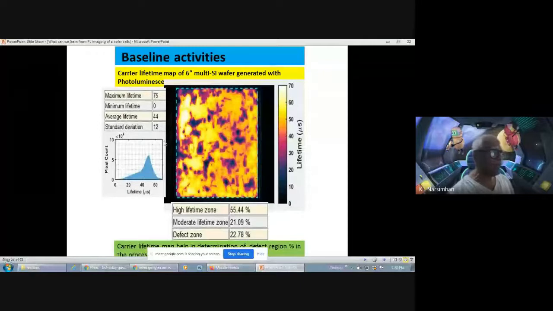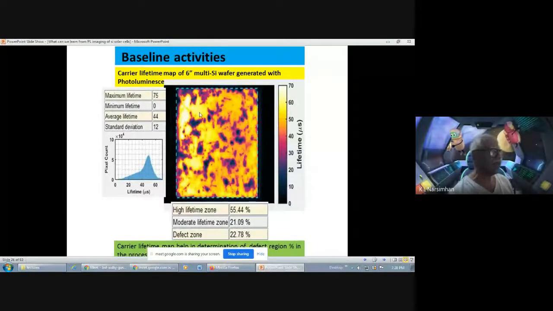On this scale, to read this graph, yellow corresponds to some arbitrary scale of lifetime, which is 50 to 60 microseconds. Black is low lifetime. So by taking one shot, I have actually got a picture of the lifetime in different parts.